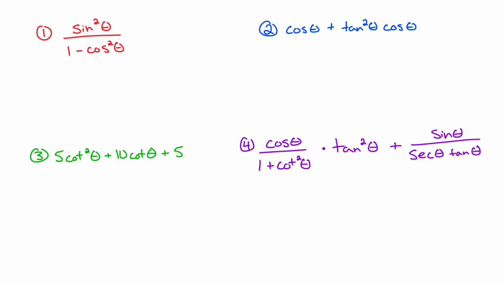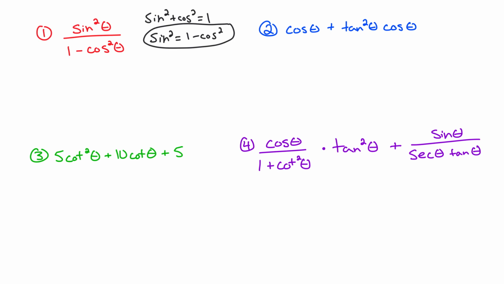Because if I deal with the fundamental Pythagorean identity, sine squared plus cosine squared is equal to 1, I could rewrite that by subtracting cosine squared from both sides and find that sine squared is equal to 1 minus cosine squared. What that means is anytime I have a 1 minus cosine squared, a binomial, I could replace that with sine squared because they're equal.